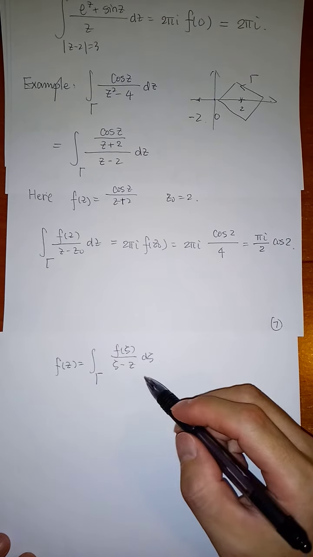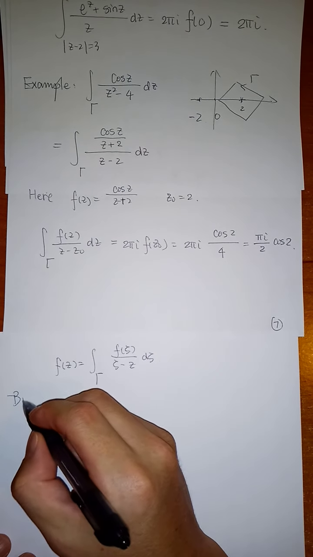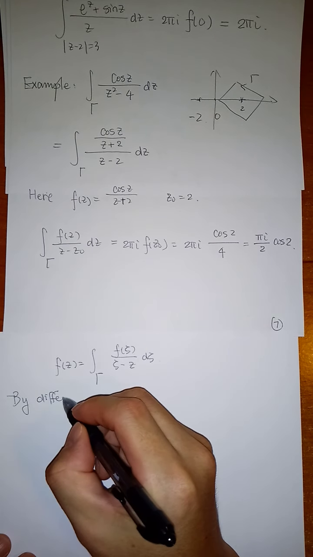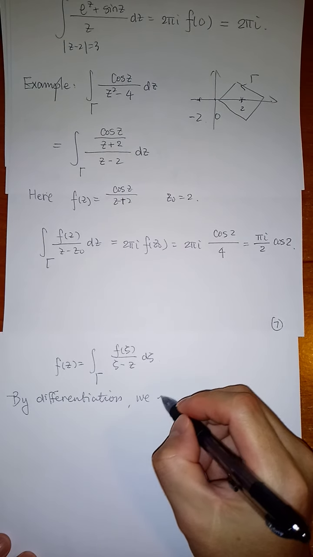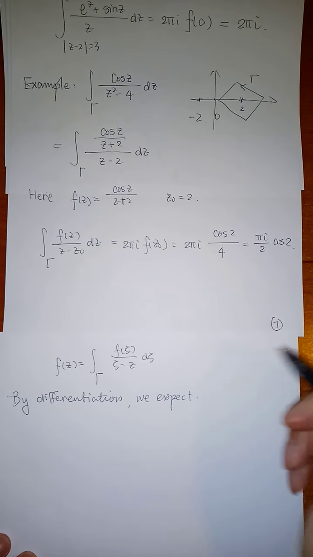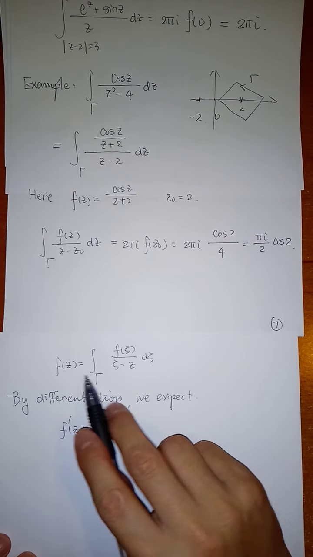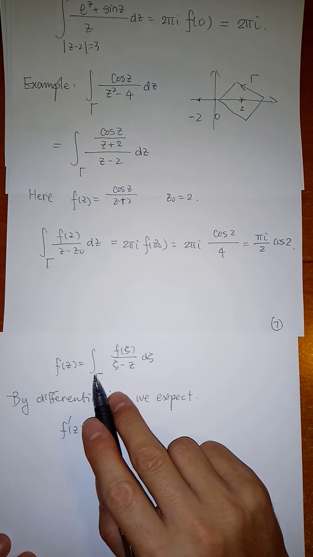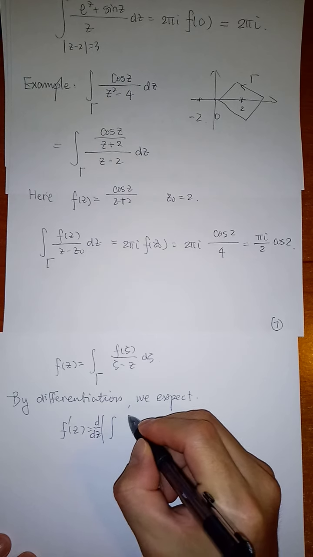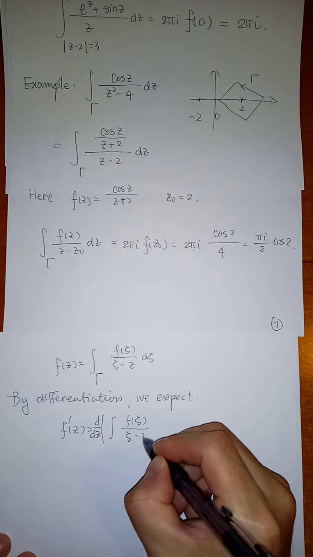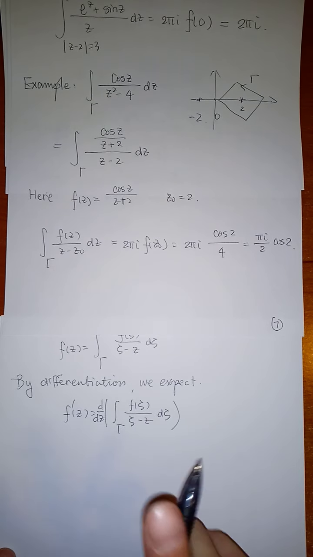Okay, if you have a function, you can do the differentiation. We expect f prime of z. You see here, we only differentiate in z, so we understand this as first doing the differentiation d dz, and differentiation and integration can commute.